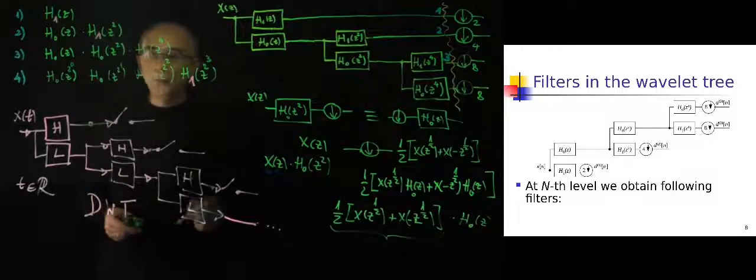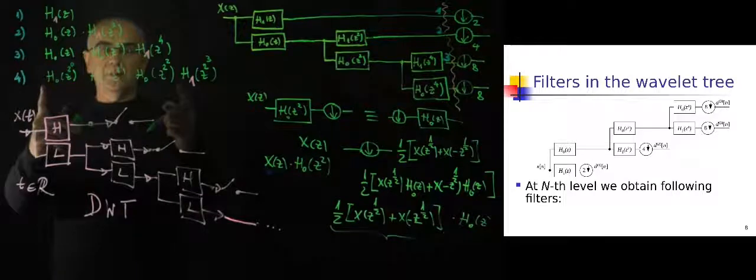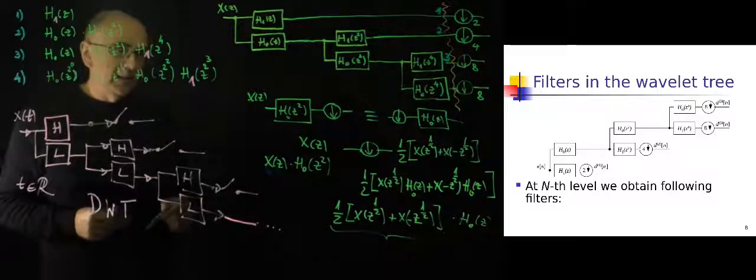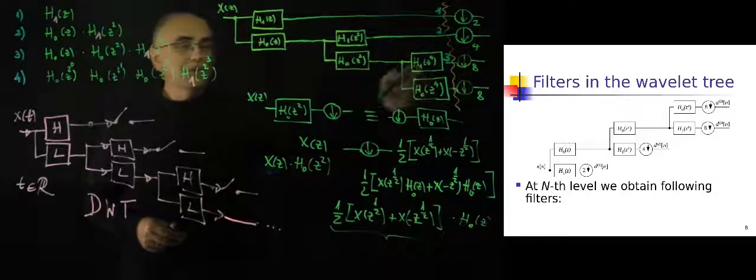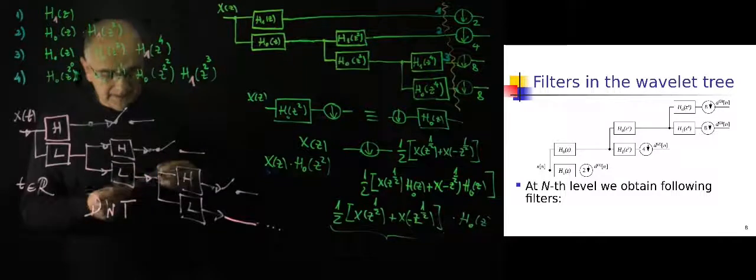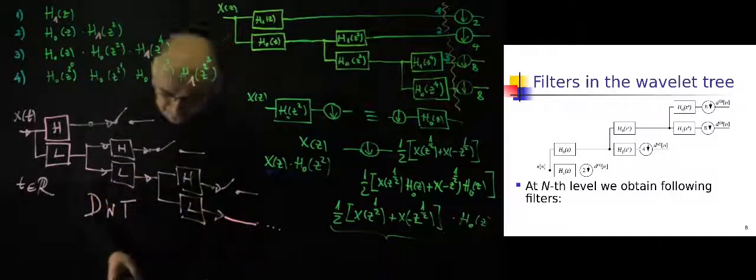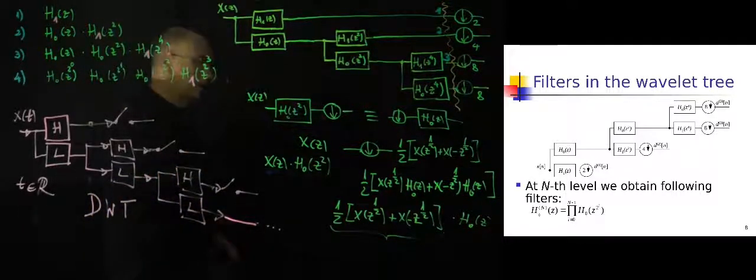Now we can see the rule. If we are talking about the low pass branch, we have only a cascade of low pass filters. And if we are talking about the high pass branch, the high pass filter applies only at the end. So let's see the results.